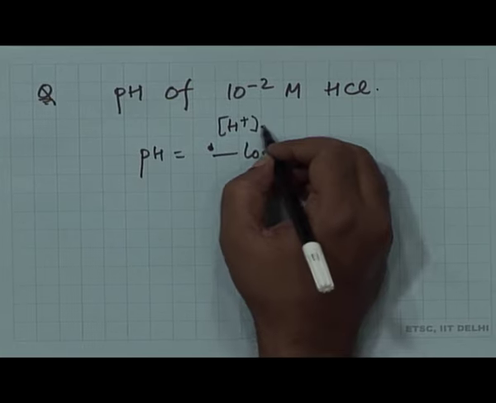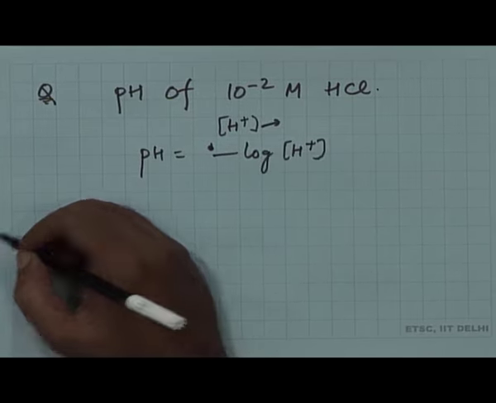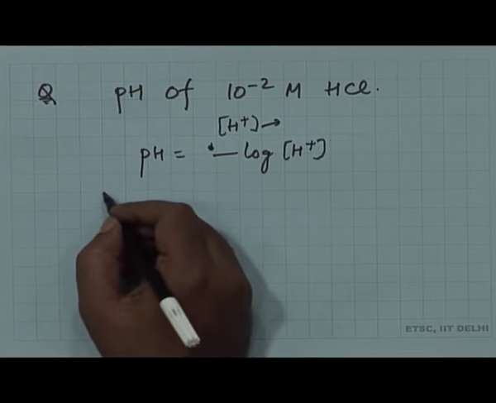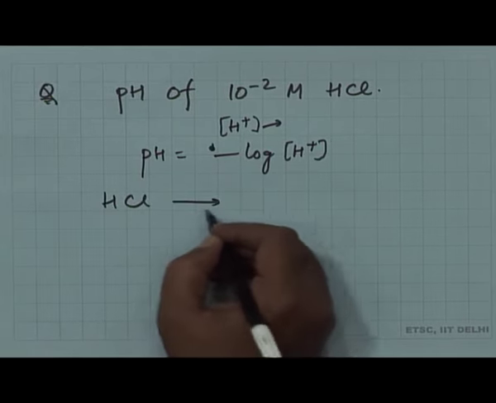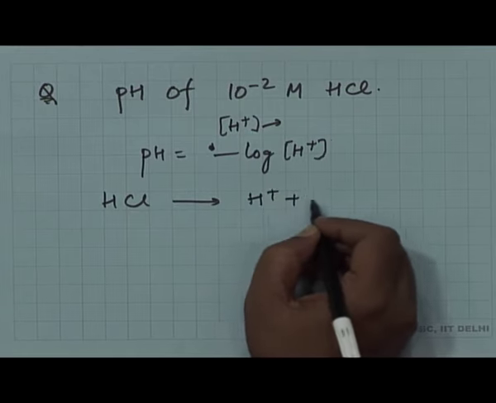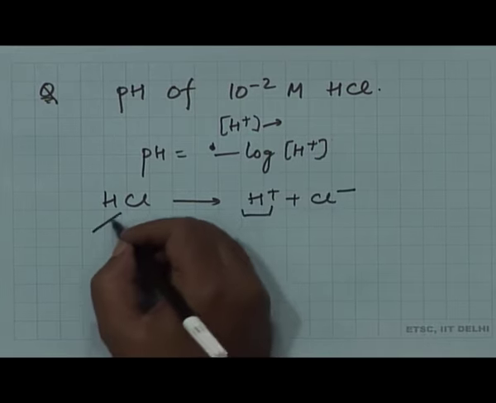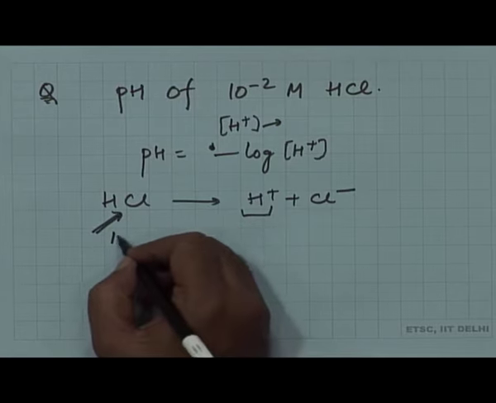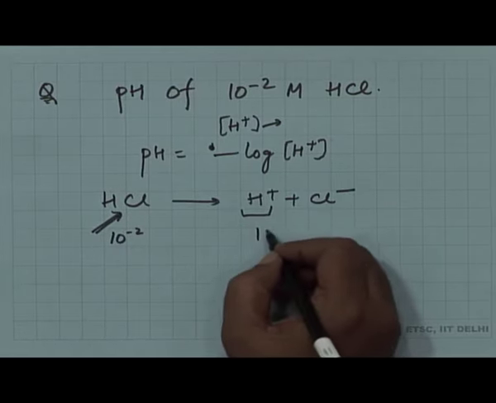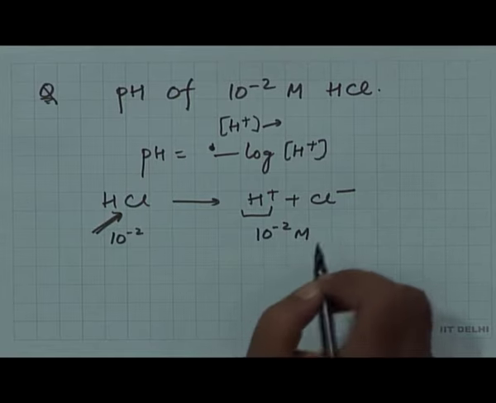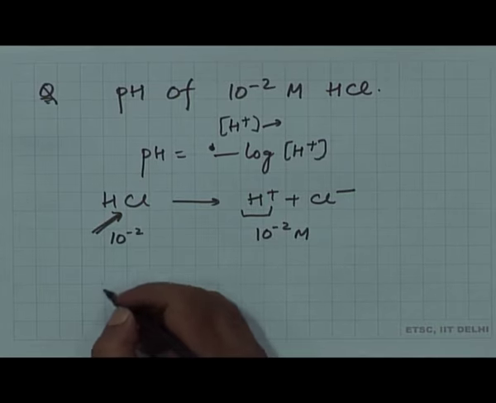So, what is the H plus ion concentration? H plus can come from HCl, and we know that HCl is a strong acid, it completely dissociates. So, if you have started with 10 to the power minus 2 molar, you will get 10 to the power minus 2 molar H plus ion from HCl.